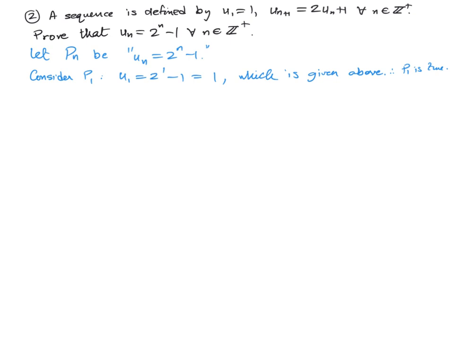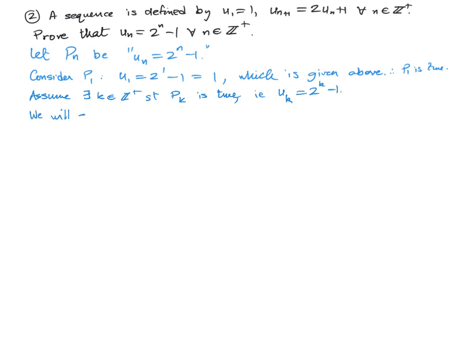So now we assume there exists a k in Z plus such that Pk is true, i.e. u sub k is equal to 2 to the k minus 1.